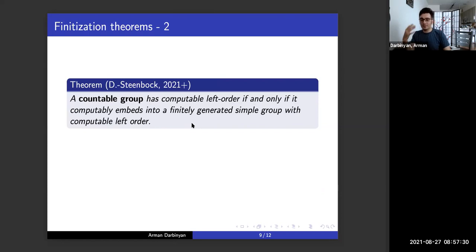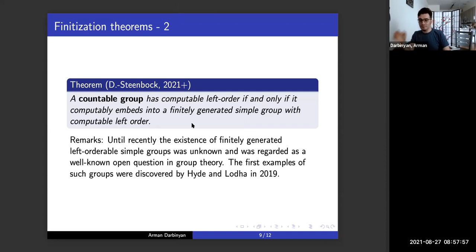And another result of this kind can be considered as a strengthening of the previous theorems that I already mentioned. It's a result that I obtained with Markus Steenbock. It says that a countable group has a computable left order if and only if it computably embeds into a finitely generated simple group with a computable left order.